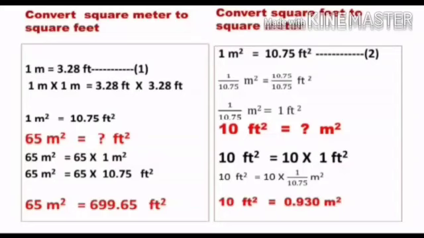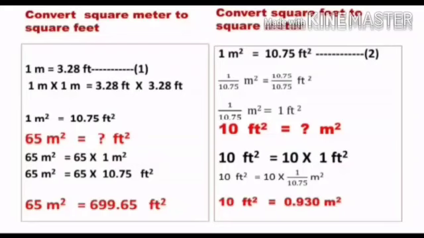So 65 meter square is equal to 65 times 10.75 square feet, which is going to be 699.65 square feet. Hence, 65 square meter is equal to 699.65 square feet. This is how we convert square meter to square feet.